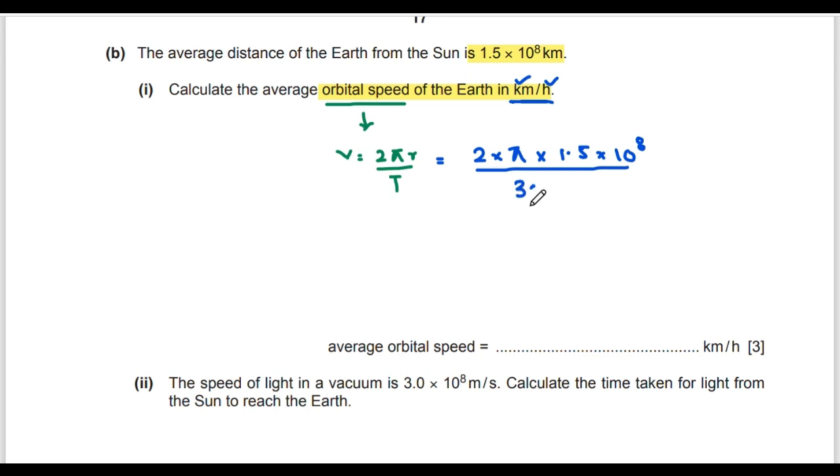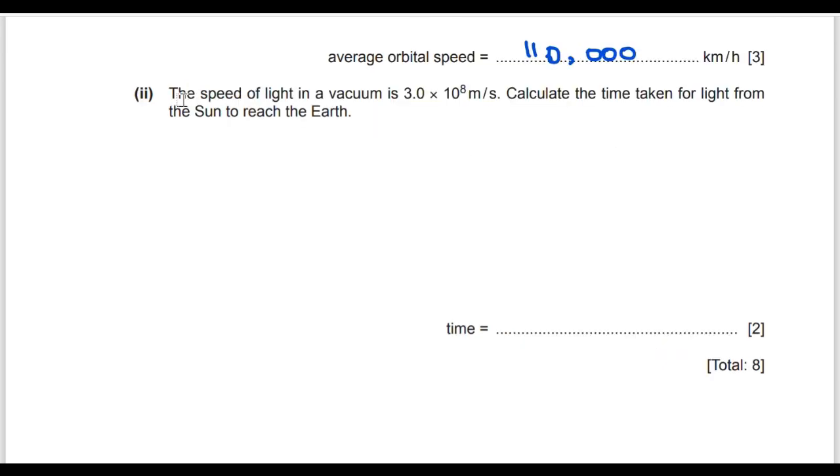To convert it into hours, you're going to multiply it by 24. So the final answer would be 110,000 kilometers per hour.